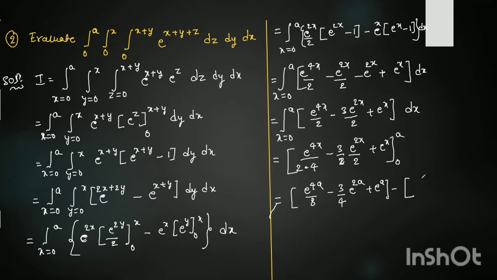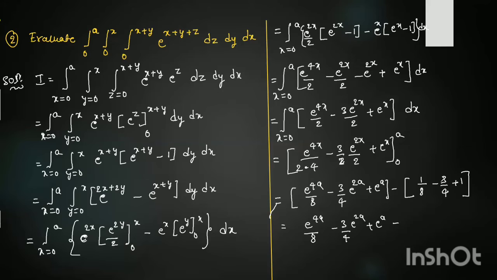And if I apply 0, 1 by 8, 3 by 4. What's the answer? e to the power 4a by 8 as it is, 3 by 4 e to the power 2a as it is, e to the power a as it is. What is this? Minus 1 by 8 minus 3 by 4 plus 1. LCM is 8.